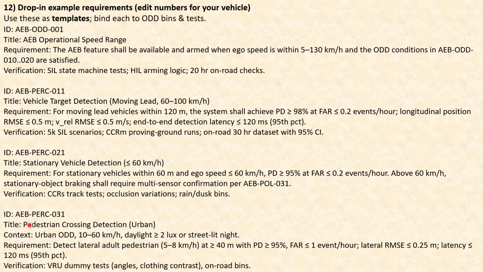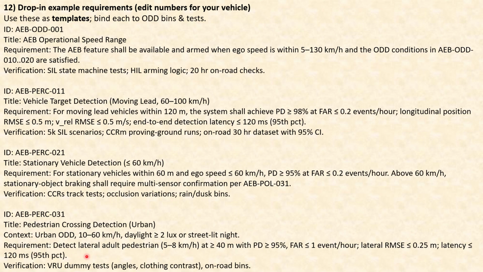All right. Next is pedestrian crossing detection. In the previous steps, we talked about vehicle detection. Now we talk about pedestrian detection. What is the context? Urban ODD, 10 to 60 km per hour, and day or night greater than 2 lux or street-lit night.